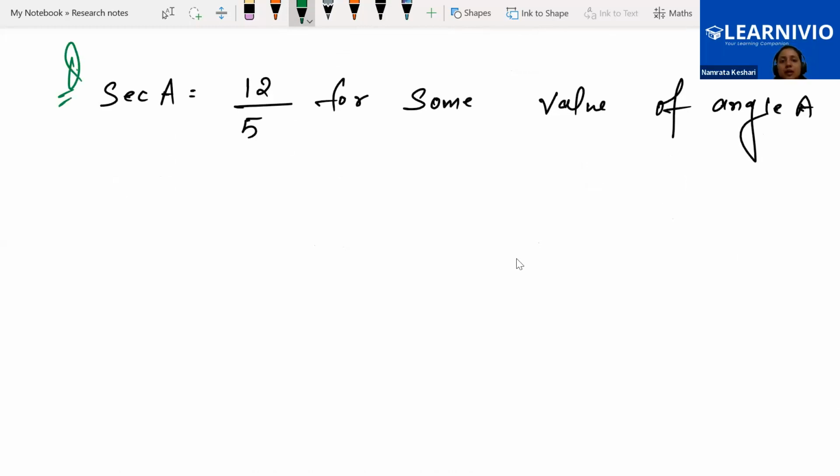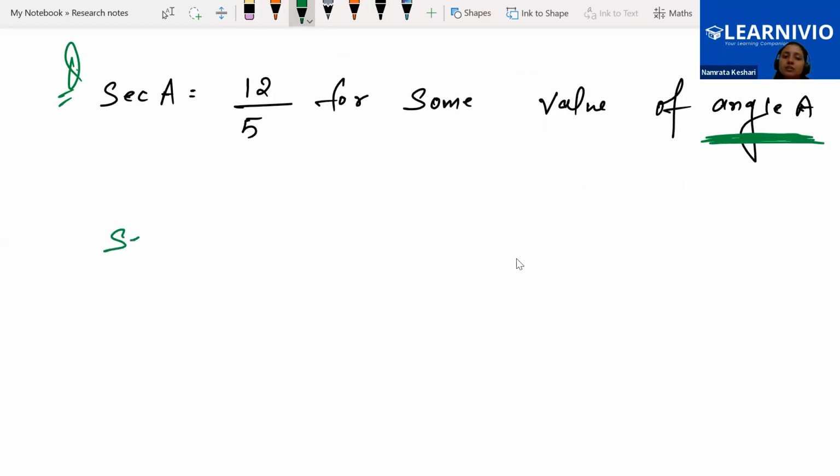Sec A is 12 by 5. Is it so? For any angle A. Is it like for any scenario? Will it be true or false? That's what we have to check.